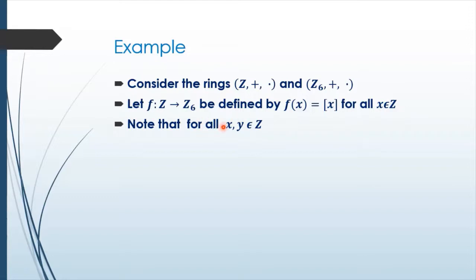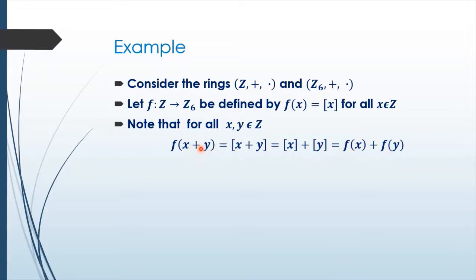Note that for all x comma y belonging to Z, f of x plus y, this is ordinary addition, is given by the class x plus y. But in addition modulo 6, this class x plus y can be rewritten as class x plus class y. Here the operation is addition modulo 6. But class x is nothing but f of x and class y is nothing but f of y.